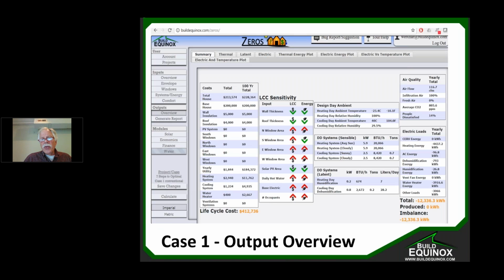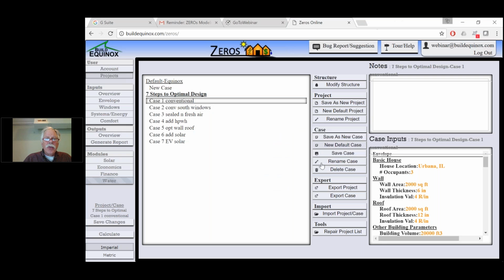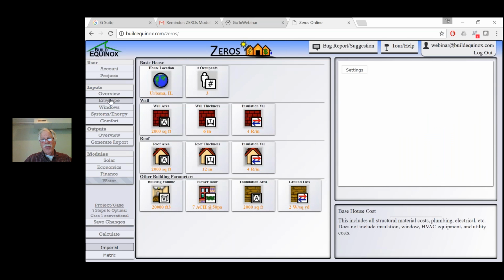So we'll move through those, but let's move on to exploring Zeros a bit, and I'll see if my Zero screen is still active. So when you sign into Zeros, it will take you to, I think, this initial envelope screen. And there's not a lot going on here. You should explore it and just see what's in here.